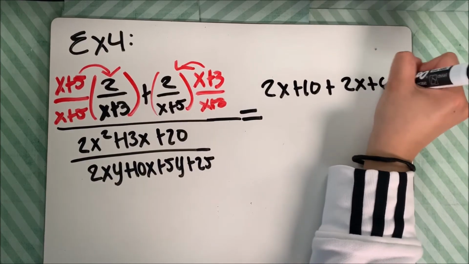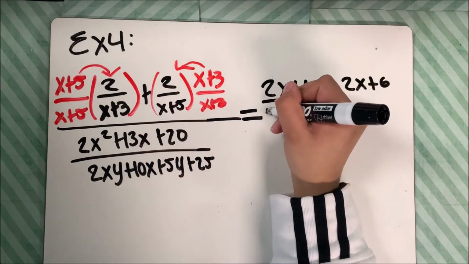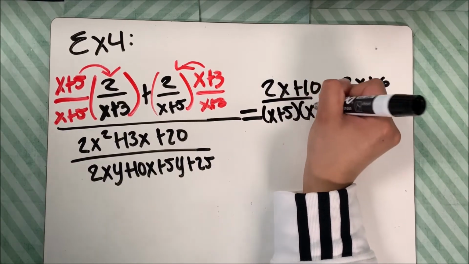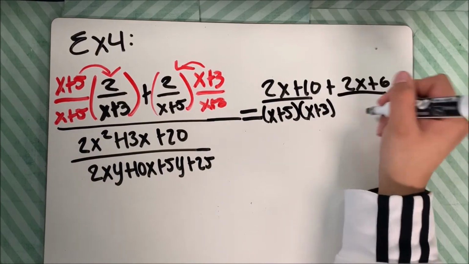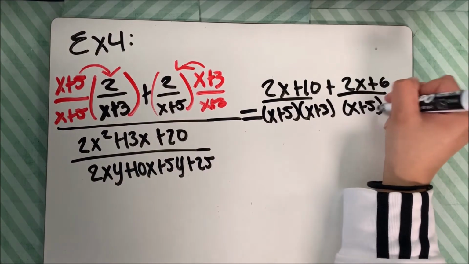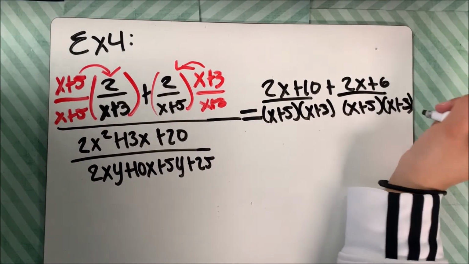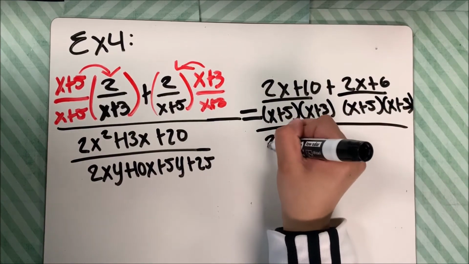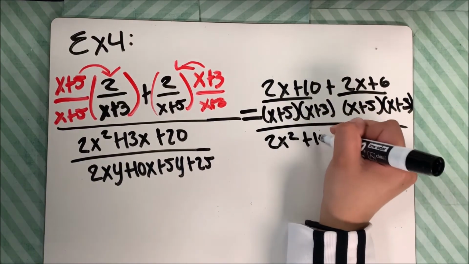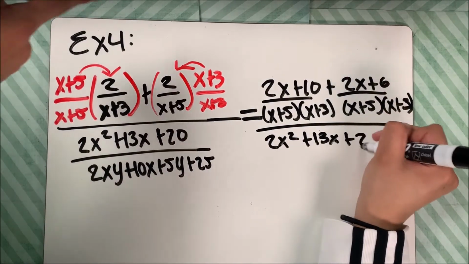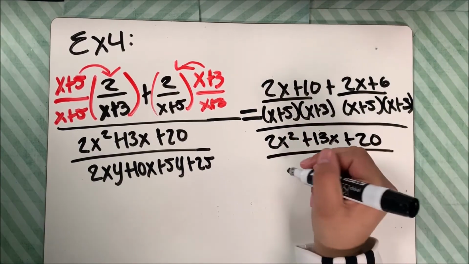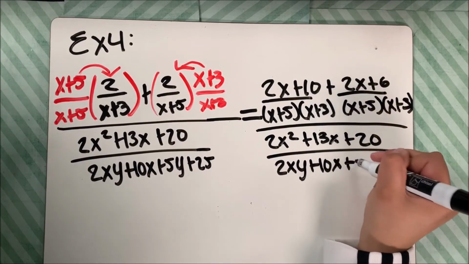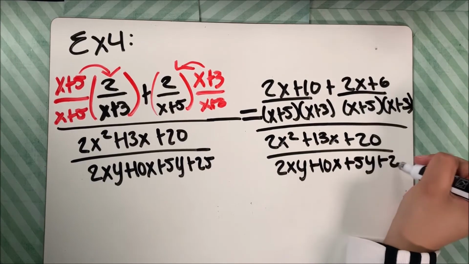After distributing, you get 2x plus 10 over x plus 5 times x plus 3 plus 2x plus 6 over x plus 5 times x plus 3 all over 2x squared plus 13x plus 20, which is over 2xy plus 10x plus 5y plus 25.